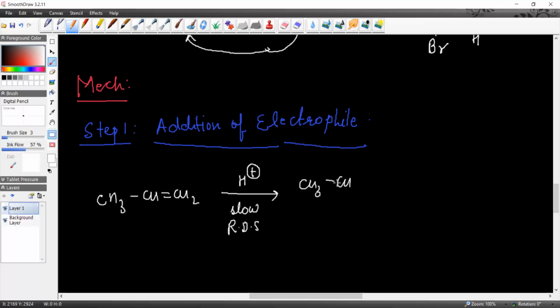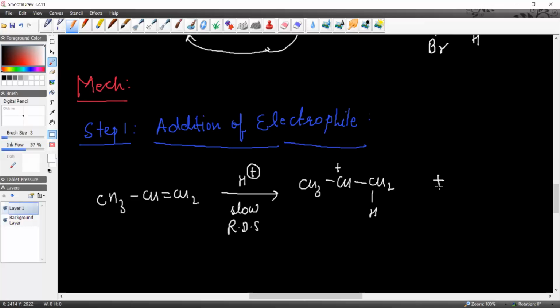Now two situations arise. If we add the hydrogen on the first carbon atom, then we get CH3-CH-CH3, and here we have a positive charge.